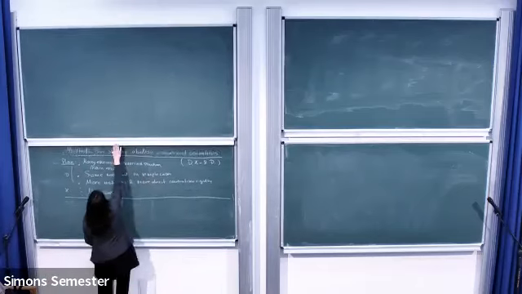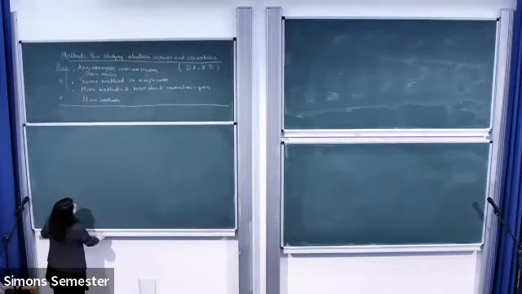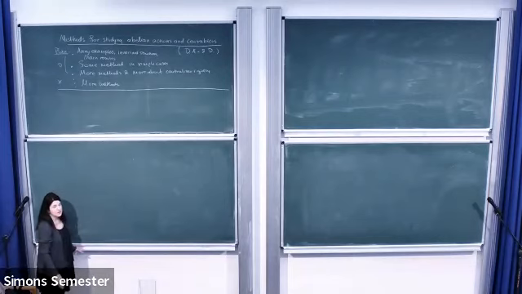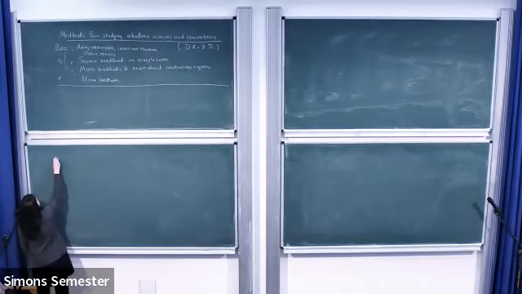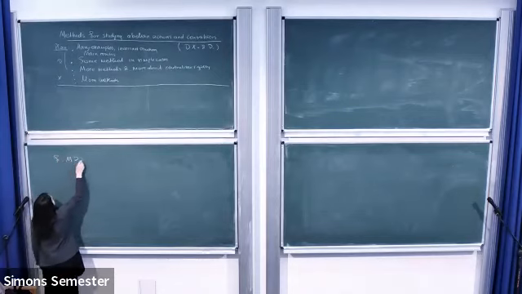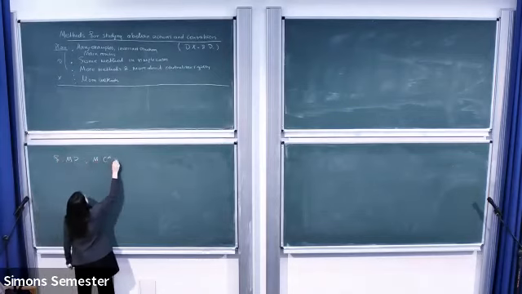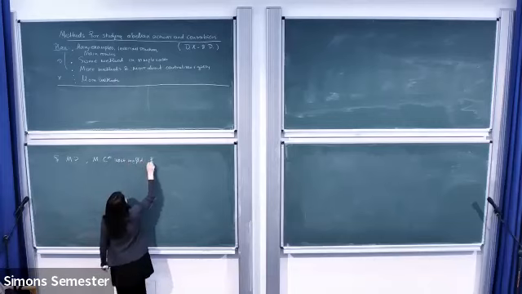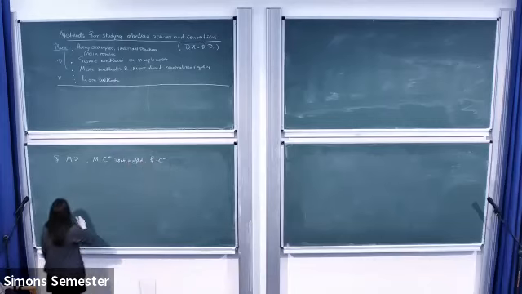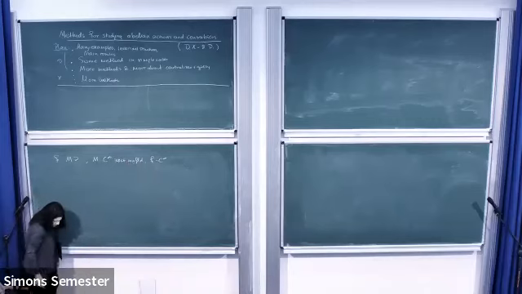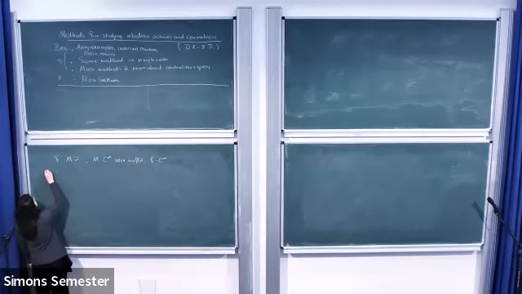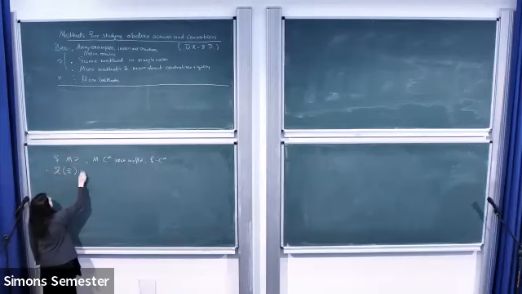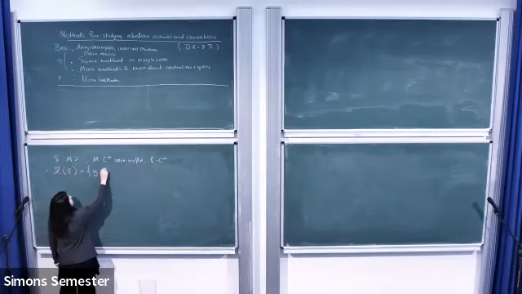So the basic setting is smooth dynamics. A compact manifold, smooth map F. And the object that we would like to study is the group of symmetries, the group of smooth symmetries of F. So let's call it Z. This is the group of smooth diffeomorphisms.